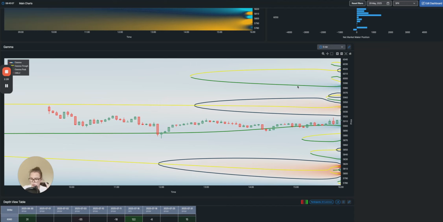But as the underlying price rises, SPX rises towards 6,200, the delta of those options increases. Maybe it goes from like 0.2 to 0.3 and then to 0.5. Now the dealer needs to hold 50 shares instead of 20. So they must buy an additional 30 shares to maintain their hedge. This is just forced buying and selling to maintain a neutral position, and that's what we're referring to when we're referring to dealer hedging flows.